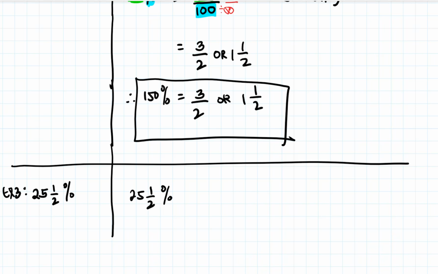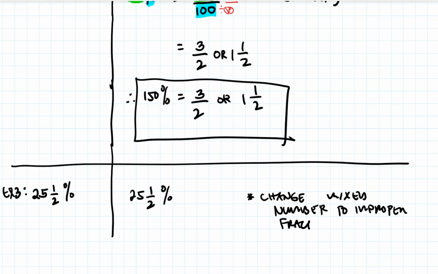If you're given this one here, what you're going to do is change the mixed number to an improper fraction.